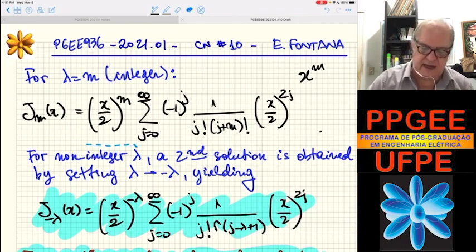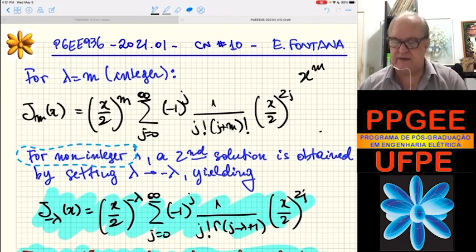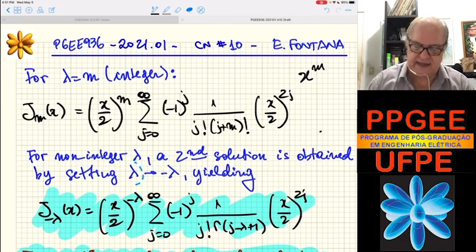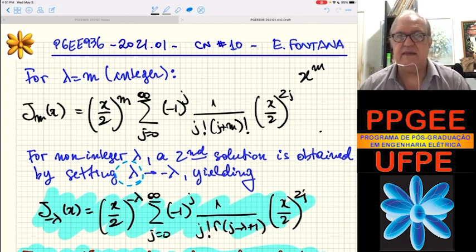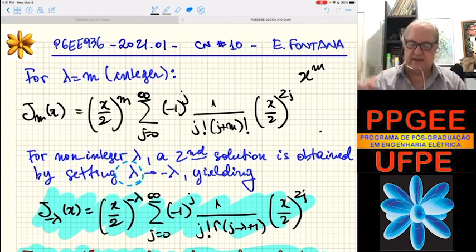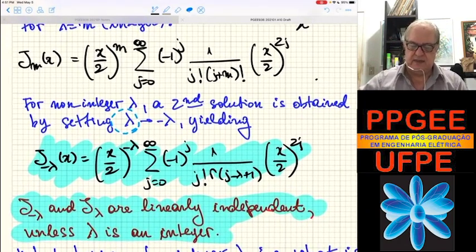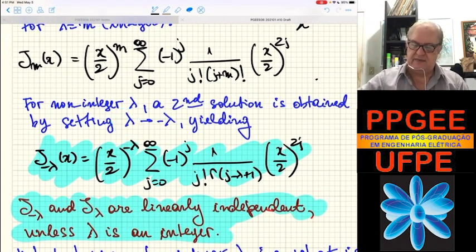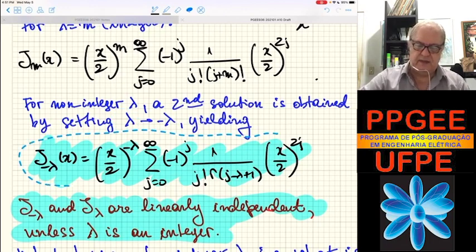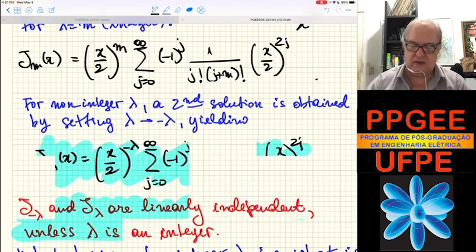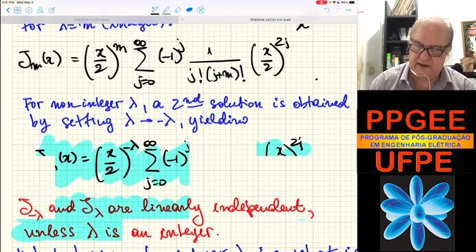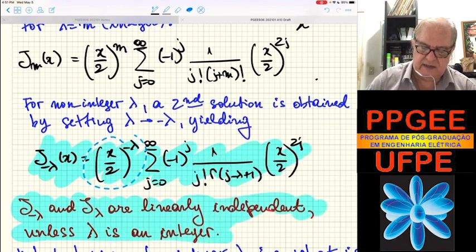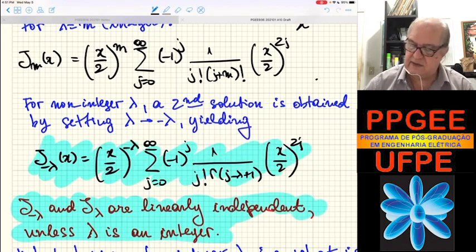For non-integer lambda, we have a second independent solution, which is obtained by setting lambda into minus lambda. So just change the sign. We have a completely independent solution, J minus lambda, okay? And notice now that the lowest order power is going to be this one here. So the series is going to diverge, depending on lambda, right?